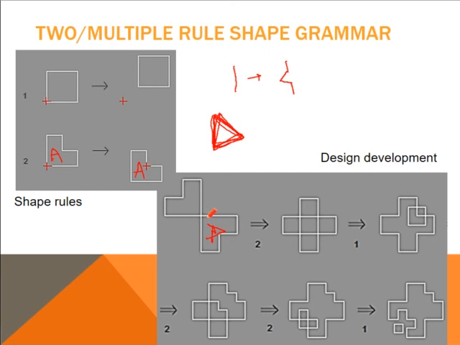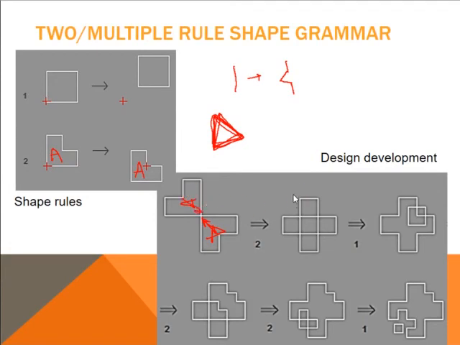And then this L shape, you look at it from this angle. So you apply the rules to both L shapes. Basically you're going to move this shape here, and you're going to move this L shape down. Okay. So that's how you create this shape over here.